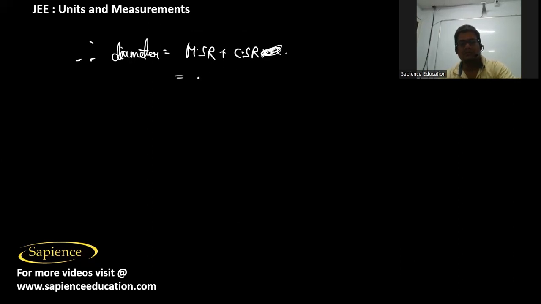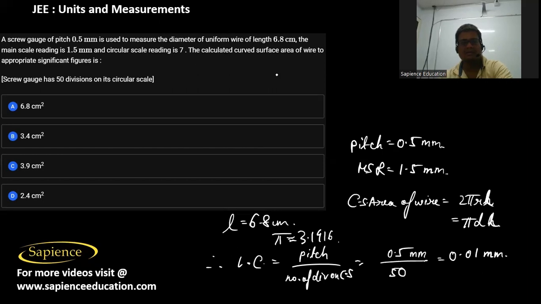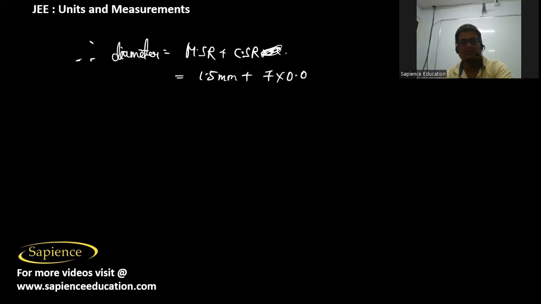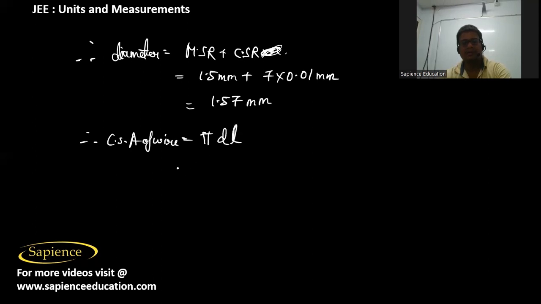So the main scale reading, that is 1.5 millimeter, plus the circular scale reading, that is 7 into the least count, 0.01 millimeter. That will be 1.57 millimeter. Now therefore, the curved surface area of the wire is equal to pi dl.